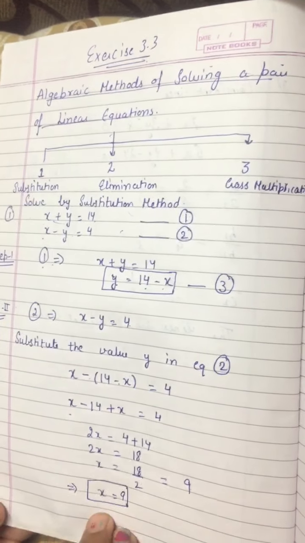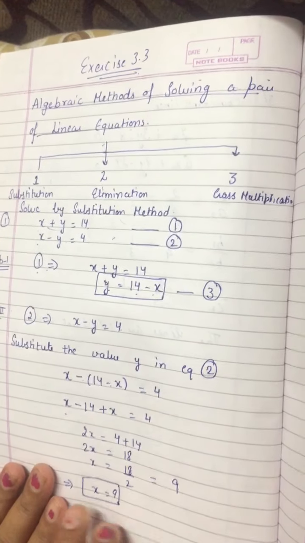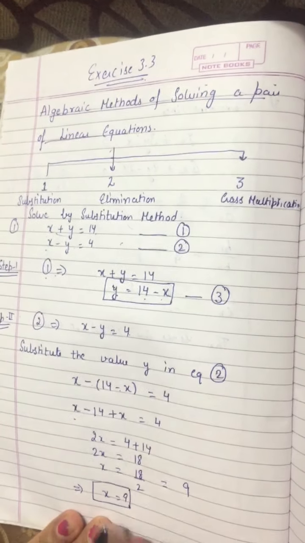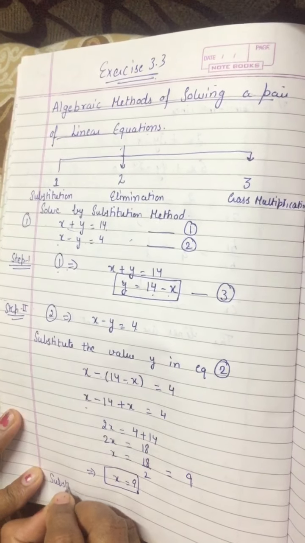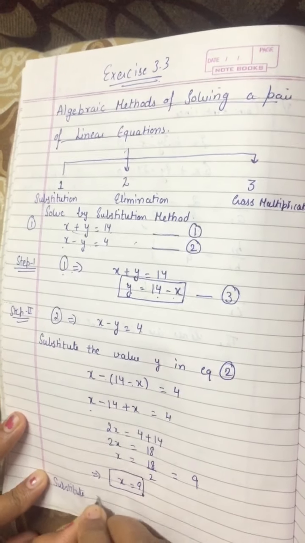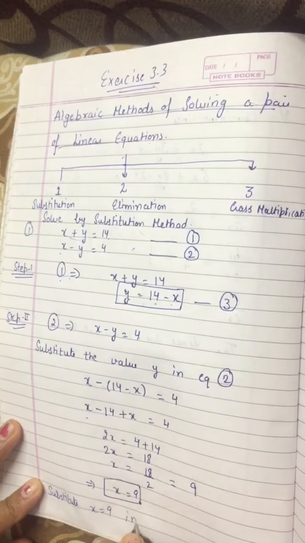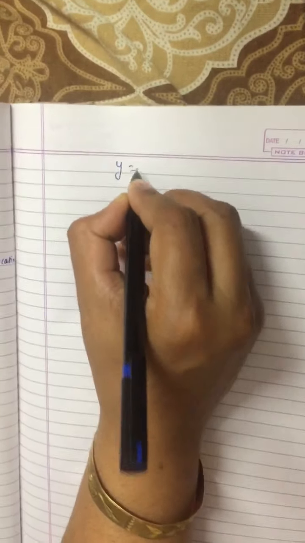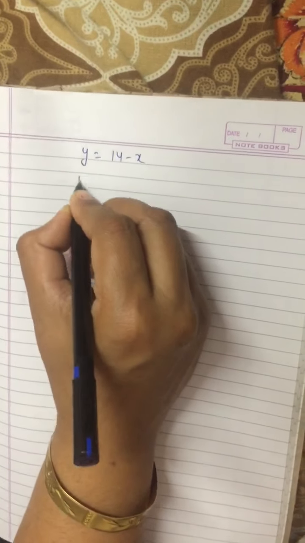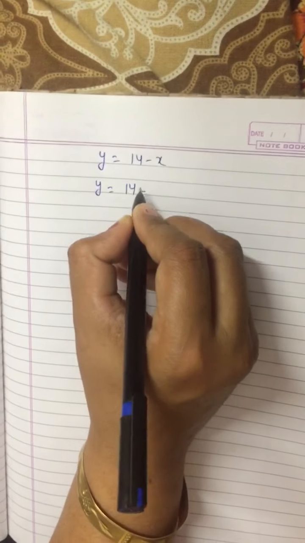Now from that value x equals 9, substitute that value in equation number 3, because I want to calculate y. What was equation number 3? y equals 14 minus x. Put the value of x here.